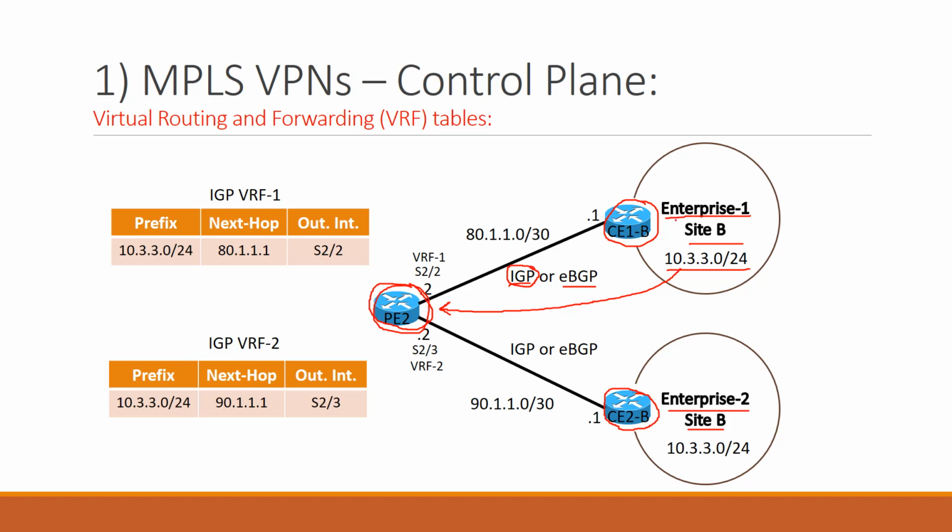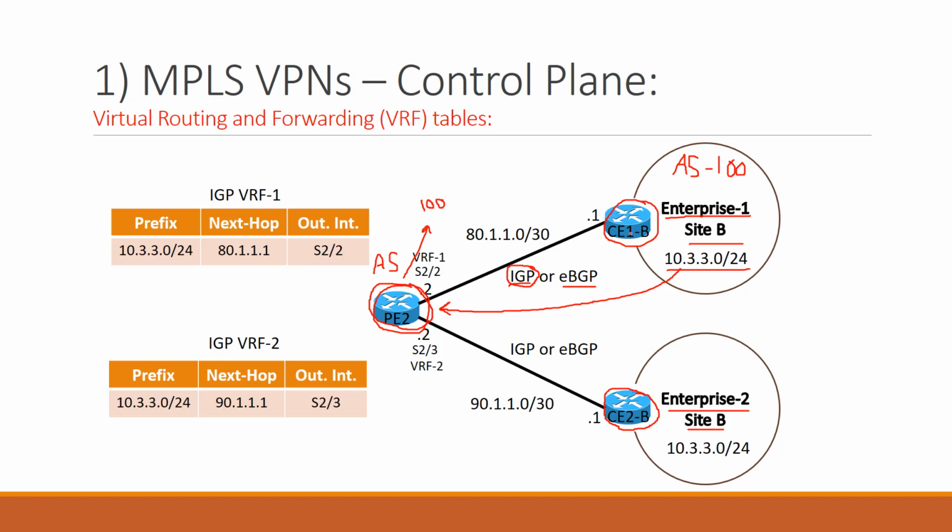Someone will ask why we will use EIGRP if this is in one autonomous system and PE2 is in a different autonomous system. Actually, MPLS VPN will use an instance inside PE2 that is dedicated for this autonomous system, let's say 100, that is used by enterprise 1. So there will be an instance here, we call it address family, for autonomous system 100.